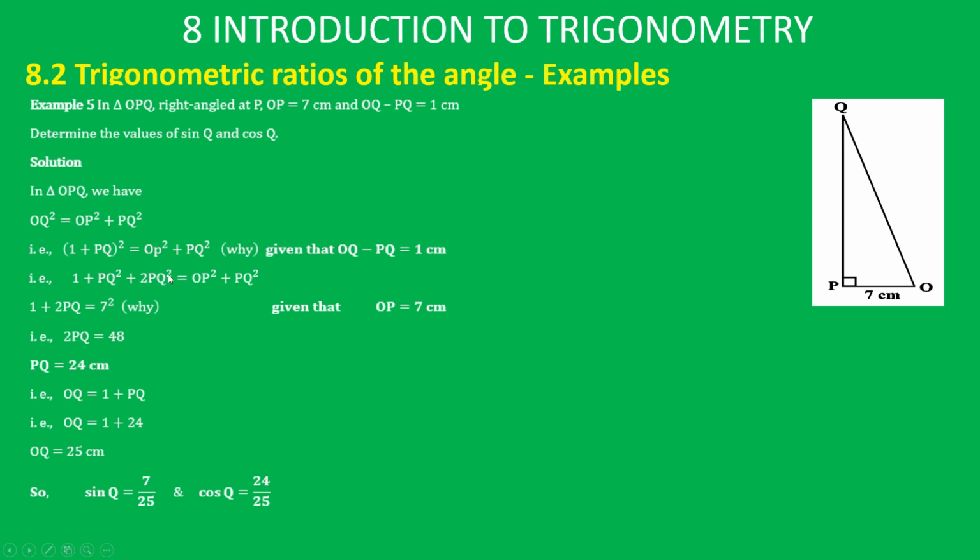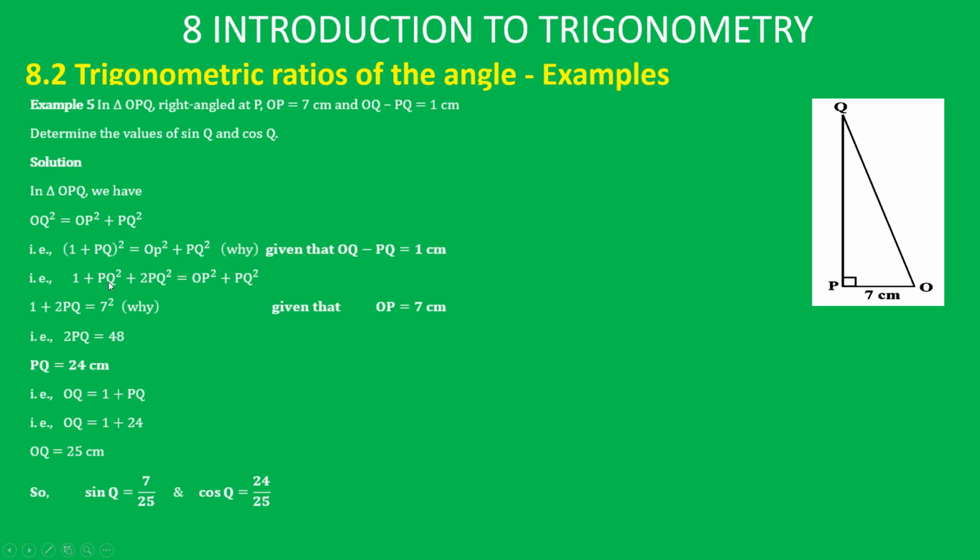This is not 2PQ square, it is 2PQ. Please strike off this and write 2PQ. A square is 1, 1 square is 1, PQ square is PQ square, 2AB is 2 into 1 into PQ. That is 2PQ. It is not 2PQ square. Strike off this term and write 2PQ is equal to OP square plus PQ square.